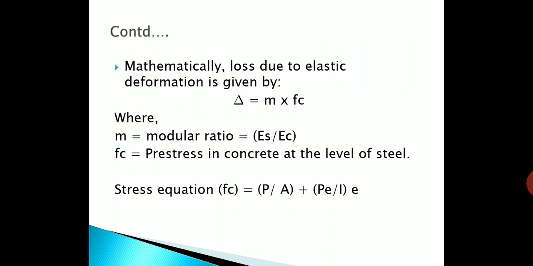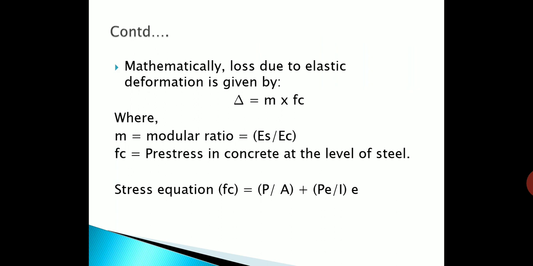Now mathematically we can find the loss by using the formula. Say if delta is the loss, delta is equal to m into Fc, where m is the modular ratio, that is elasticity of steel to elasticity of concrete, and Fc is the prestress in concrete at the level of steel.